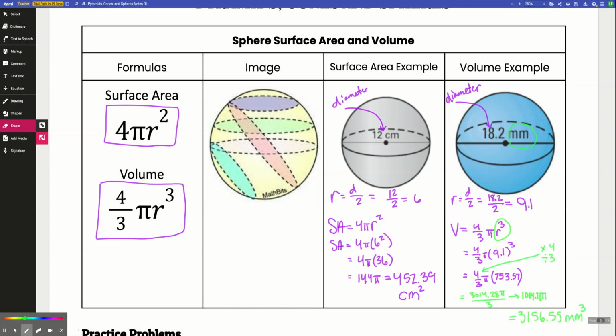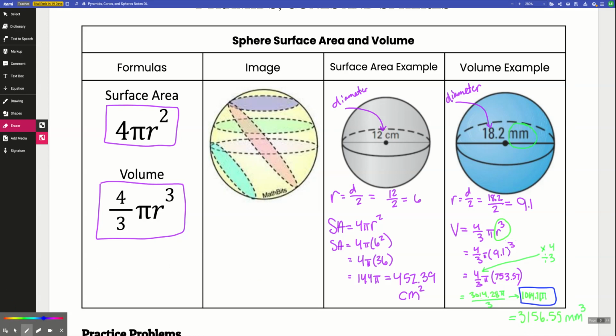That'll get you to this point right here, where you have some number with a pi next to it, and then you can do exactly what you've been doing for all of these other formulas that have a pi in them, really since the start of Unit 7, when we were dealing with sector area and arc length, right? You take the number you got, multiply it by the pi symbol in your calculator, and then press equals, and it'll give you your final answer right there.